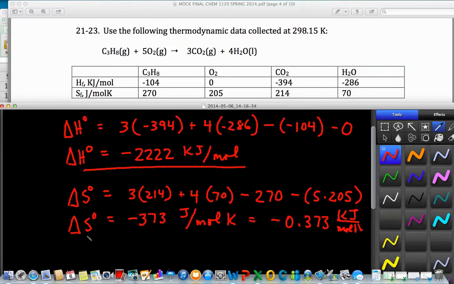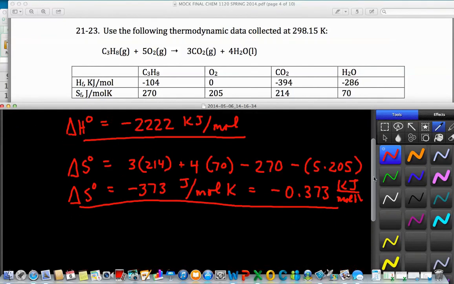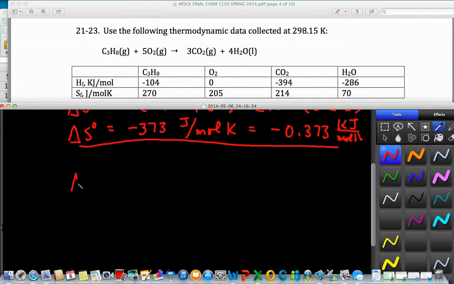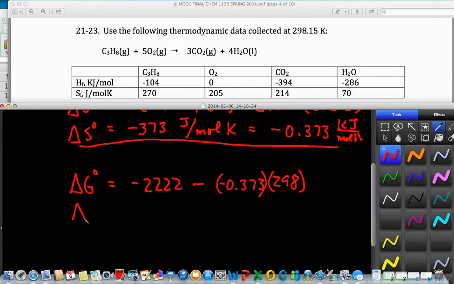Okay, so I'm going to take these last two results and string them together and simply insert them into our original equation. So delta G standard state is minus 2222 minus 0.373 times 298. All the units will cancel appropriately, and I'm going to get my answer in kJ per mole.